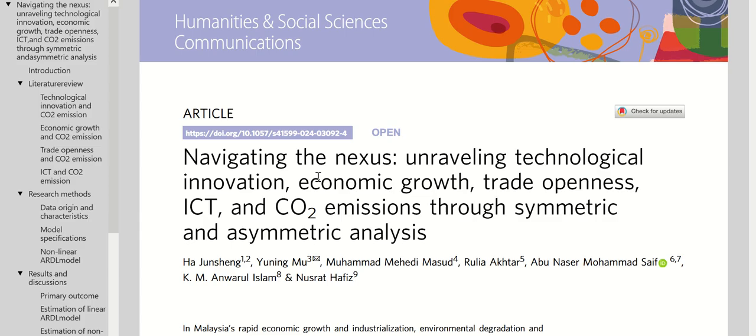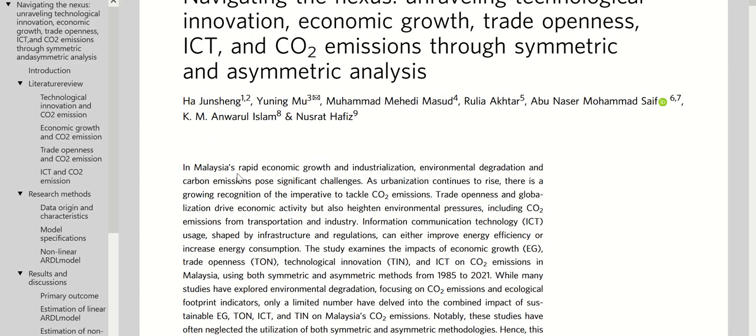Now, let us look at the research paper used in today's lecture: Navigating the Nexus: Unraveling Technological Innovation, Economic Growth, Trade Openness, ICT and CO2 Emission through Symmetric and Asymmetric Analysis. In Malaysia, rapid economic growth and industrialization, environmental degradation, and carbon emission pose significant challenges.